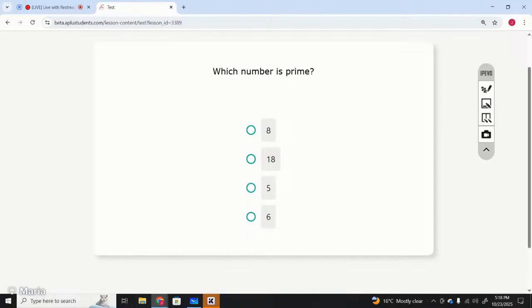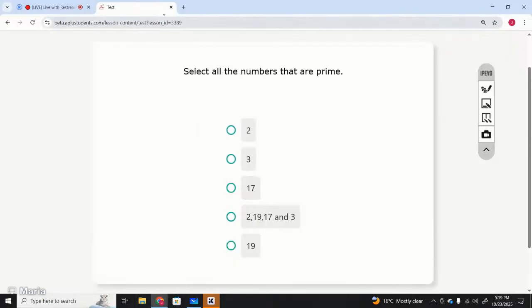Option number 3 is the correct option. Which number is prime? 5 is the only prime number here, right? The rest of the numbers are composite. Very good.